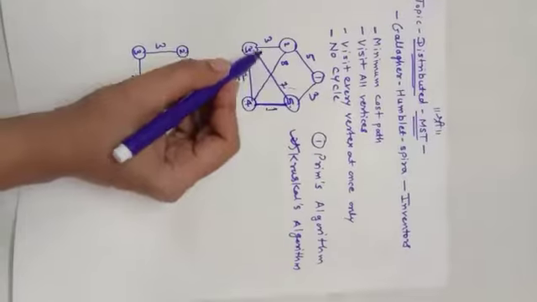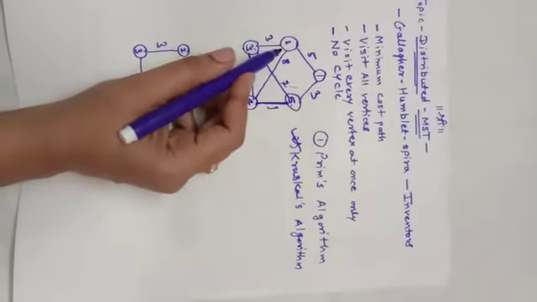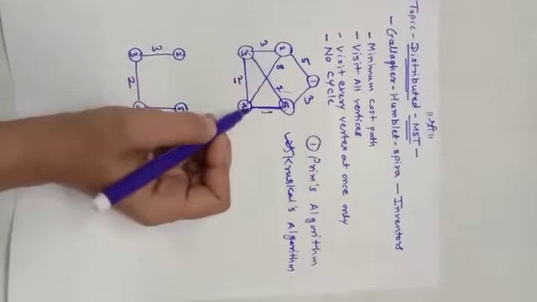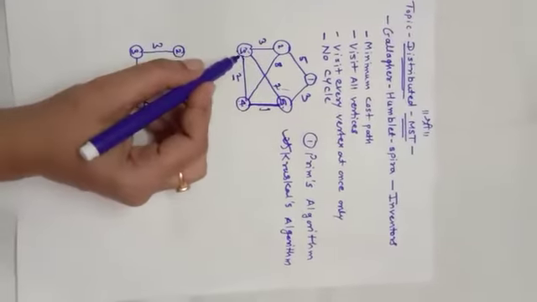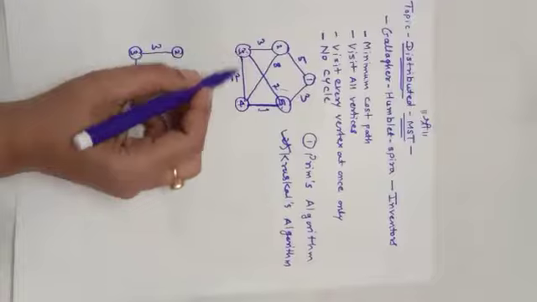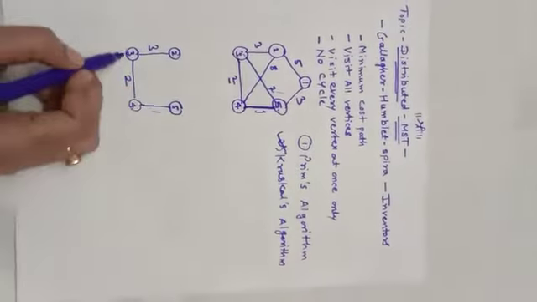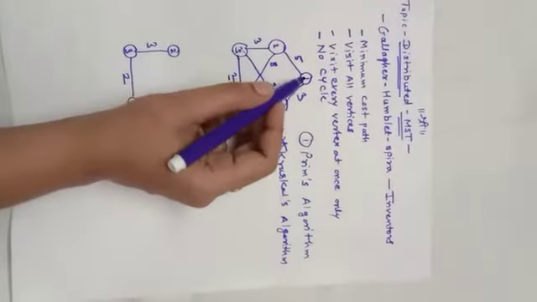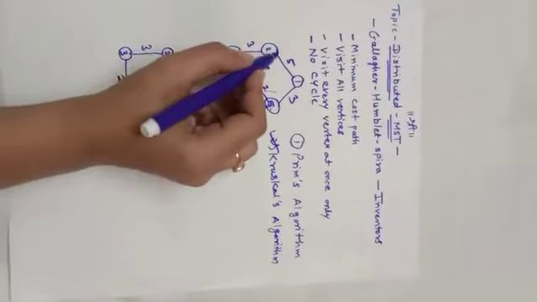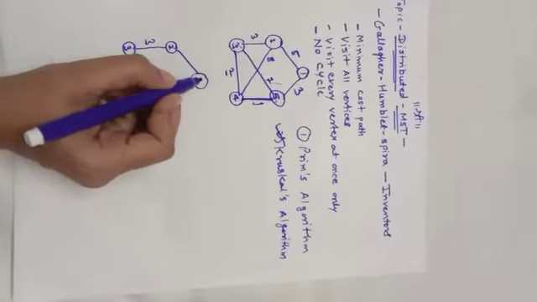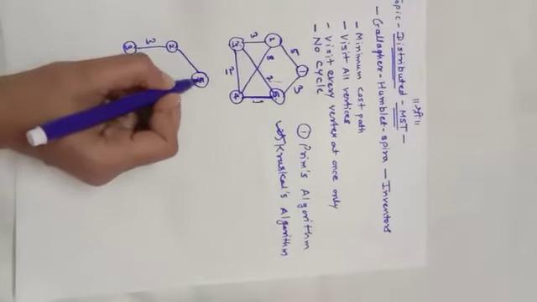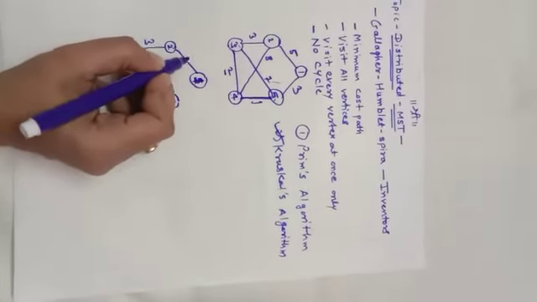After that, the same task will be distributed with 1, 4 and 3. Of these, 3 and 4 are already visited, so only 1 is remaining. What is the path? Sorry, the path is 5 and the vertex is 1.